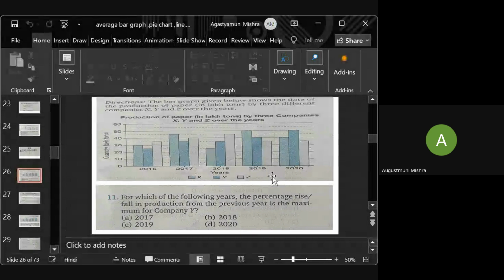Then I will move to another, if you say so. So can I change the slide? Yes, sir. Thank you so much.